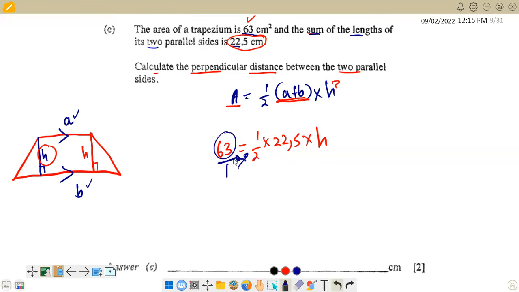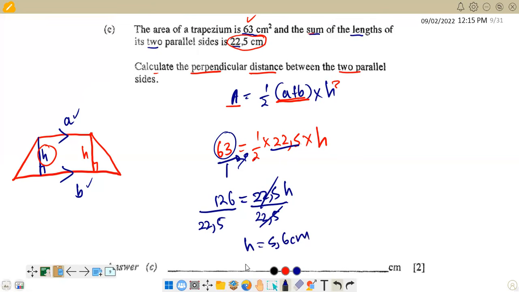So it's 2 times 63, which is 126, is equal to, this means I'm going to be left with 22.5h. All right, 22.5 times h is 22.5h. So divide by 22.5. Divide by 22.5 in this case, so we can cancel. So that is our height. So 126 divided by 22.5, we are going to have something like 5.6 centimeters.